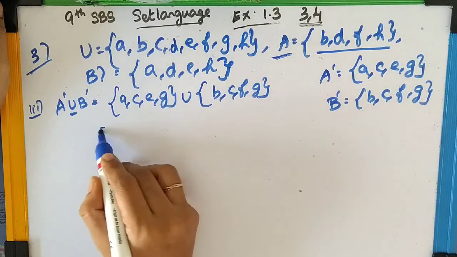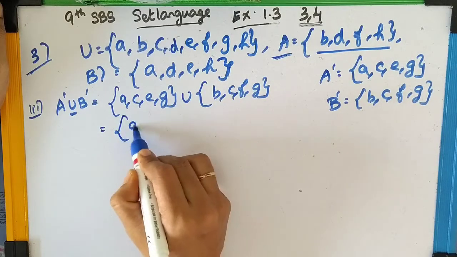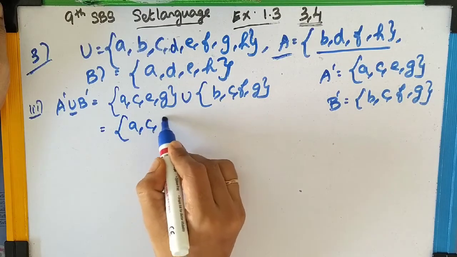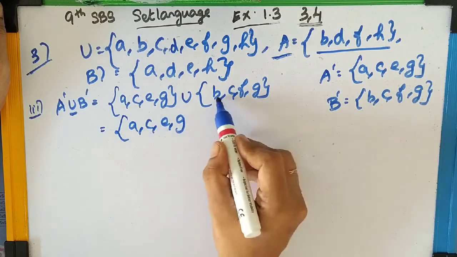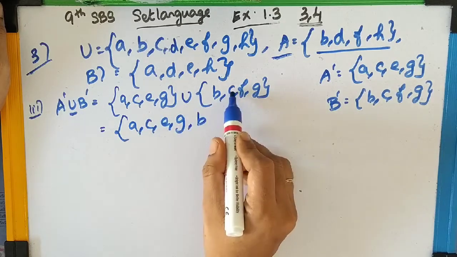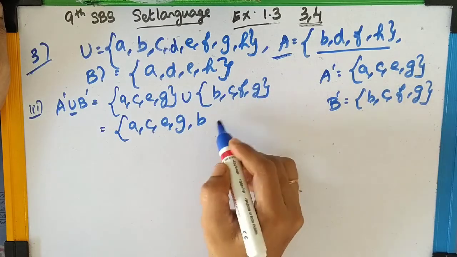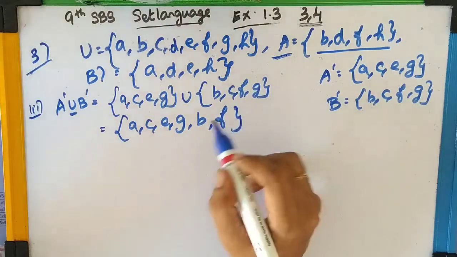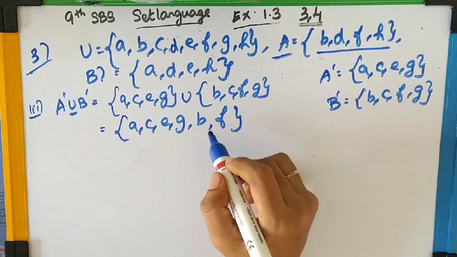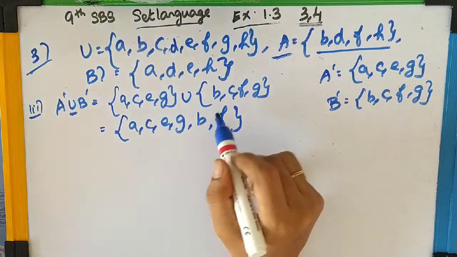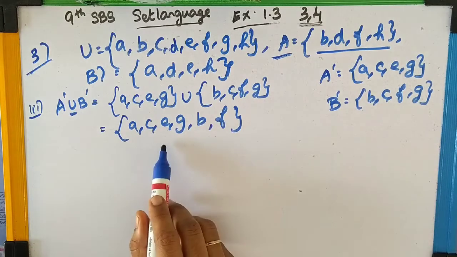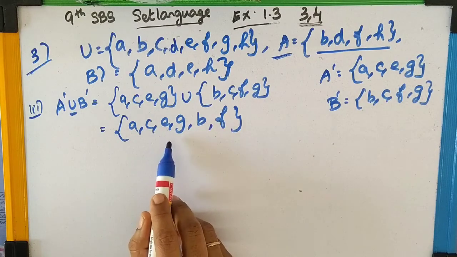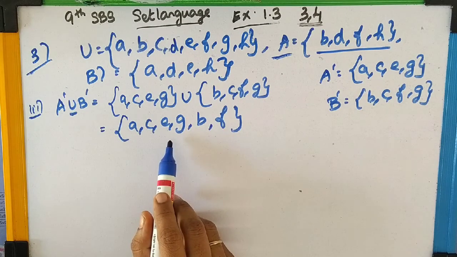We have to write all the elements, and the common elements should be written only once. So I am writing A, C, E, G. B is not here, so I have written B. C is already there, so I am going to F. And G is already present. This is A dash union B dash.